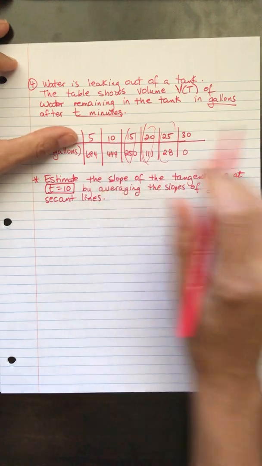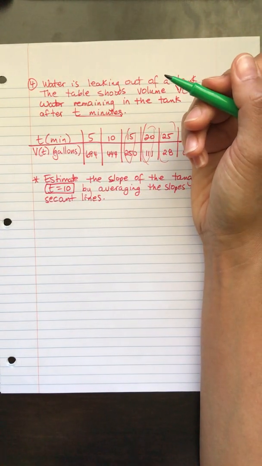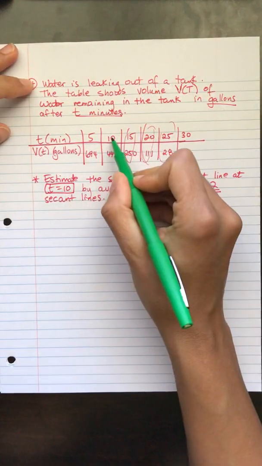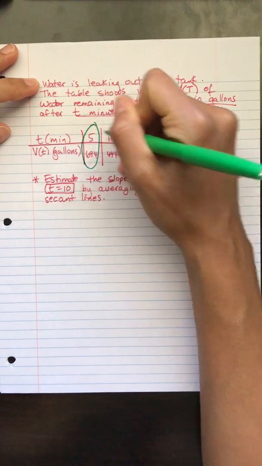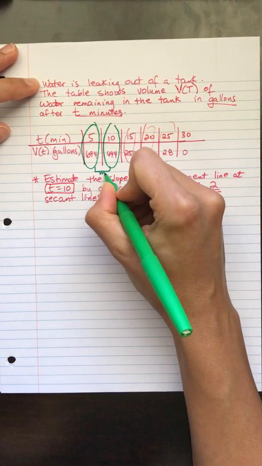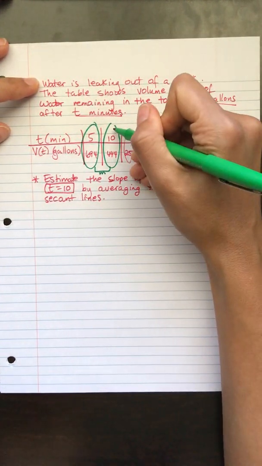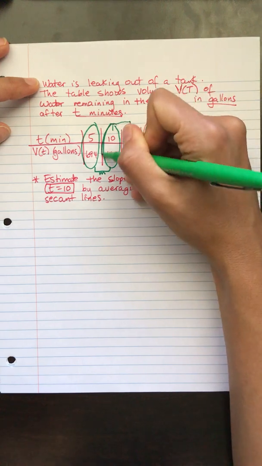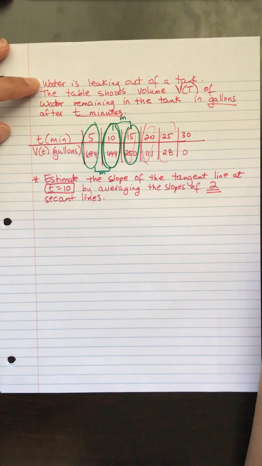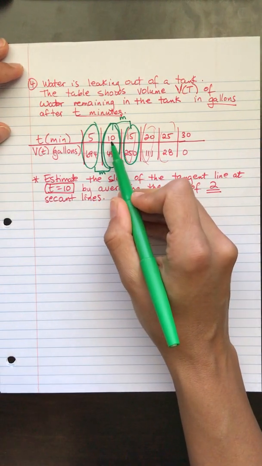So what I'm going to do is I'm going to choose a point involving time equals 10. So I'm going to choose these 2 points. Okay. I'm going to calculate a slope. M means slope. And then I'm going to choose these 2 points and calculate a slope, and then average those two to get an approximate for this one.